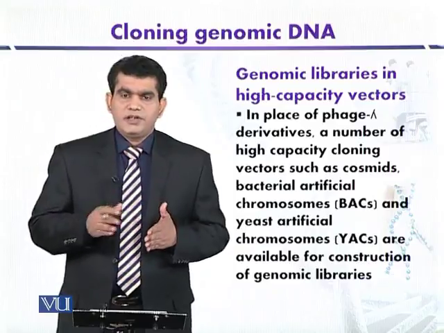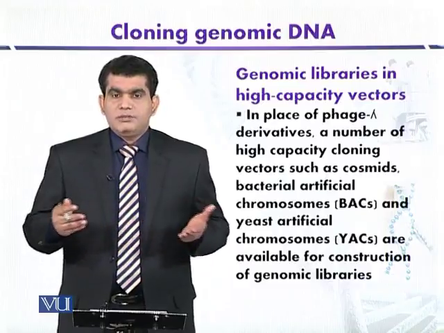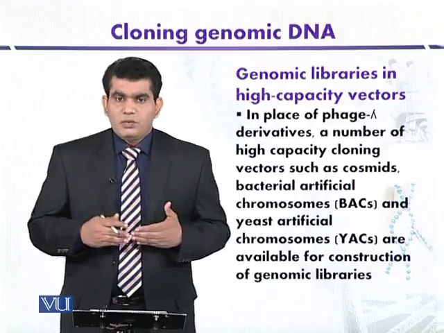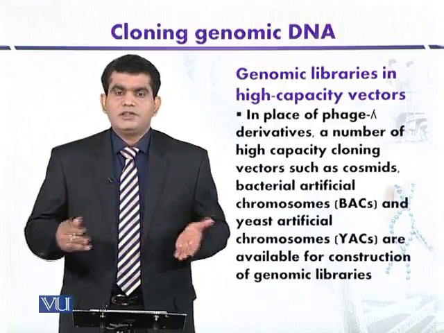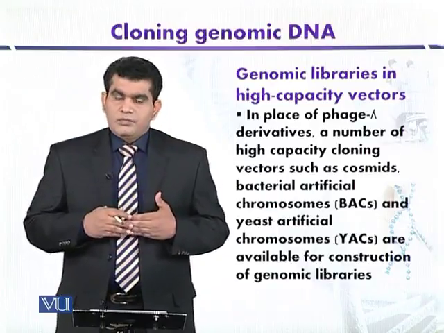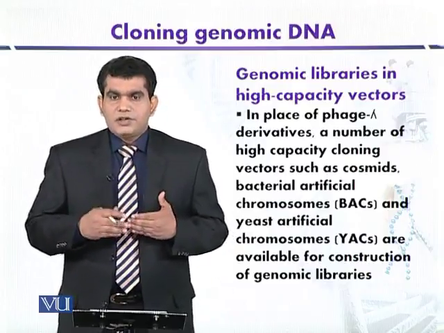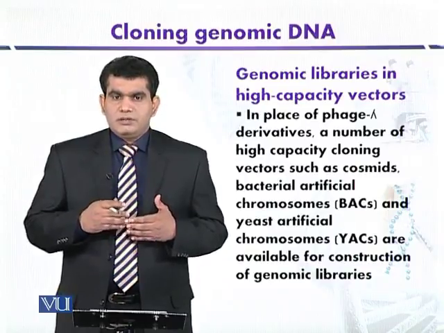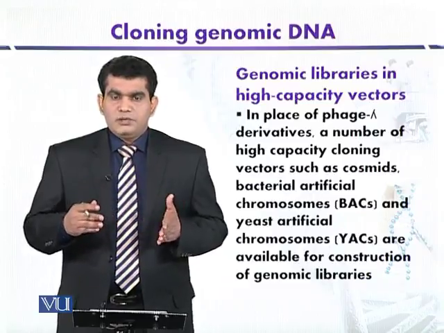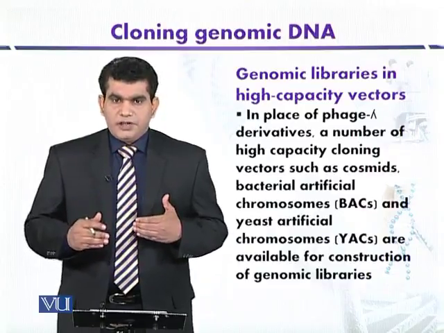Both vectors, lambda vector and cosmid vector, have certain limitations. Like in the case of bacteriophage lambda, a comparatively small fragment of DNA, around 20 kilobase pairs, can be cloned, but in the case of cosmid, comparatively larger DNA fragments can be accommodated. But the screening of colonies after plaque formation in the case of cosmid vector is comparatively not so suitable, because the hybridization background is less in the case of cosmid vector.